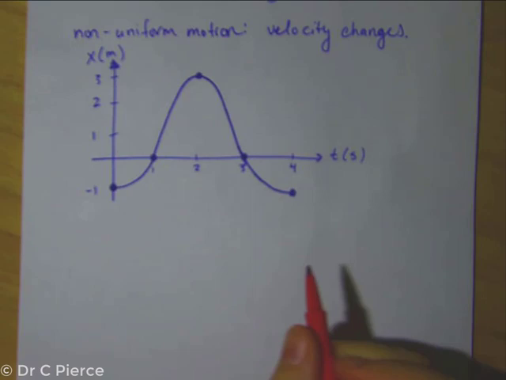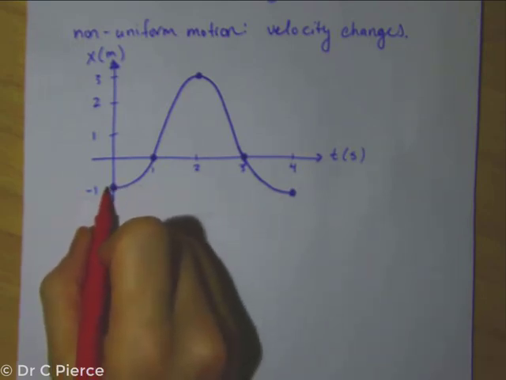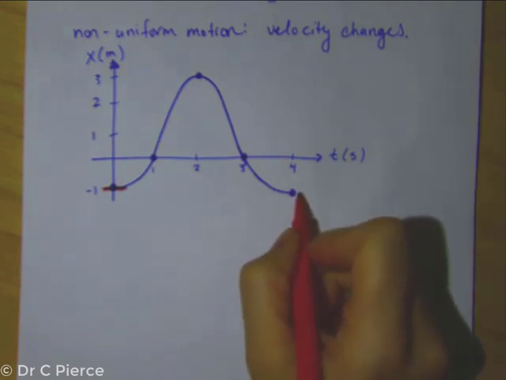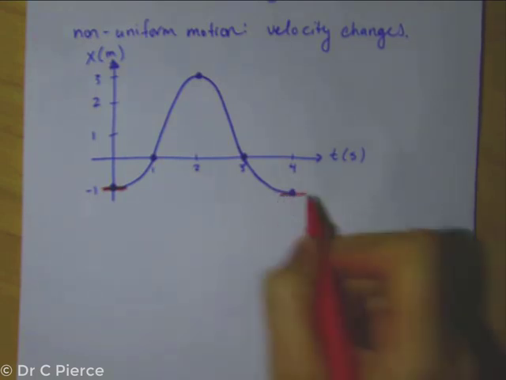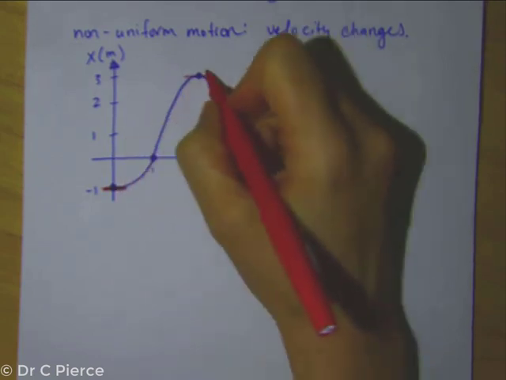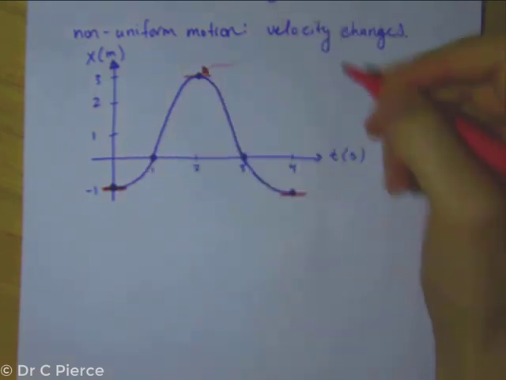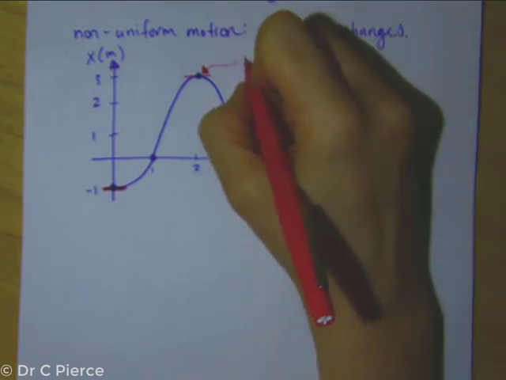So if I look at this, I see here that it looks like there's a small, instantaneous flat region right here. So it would be stopped for an instant. Same here and here. So we could say that the instantaneous velocity, or the velocity at that instant, is 0.